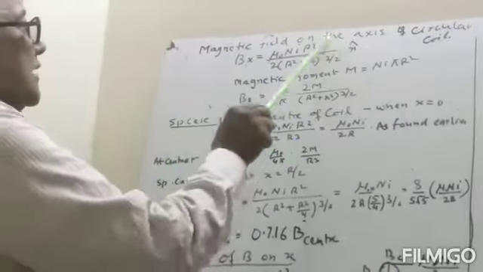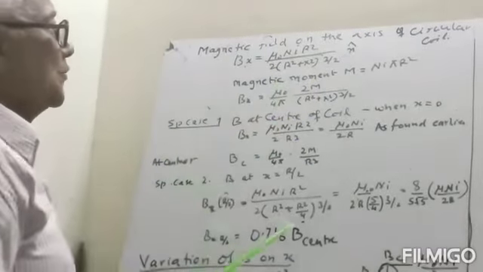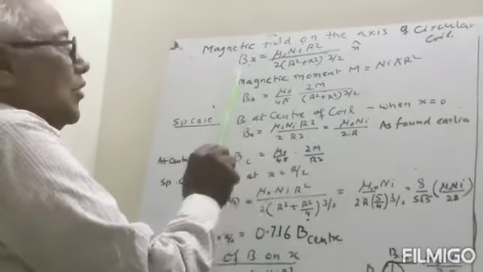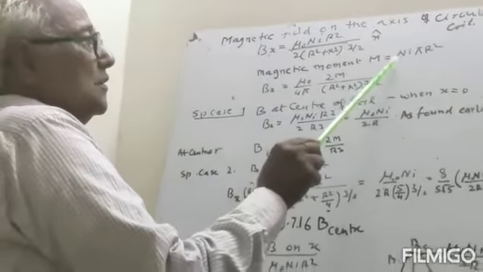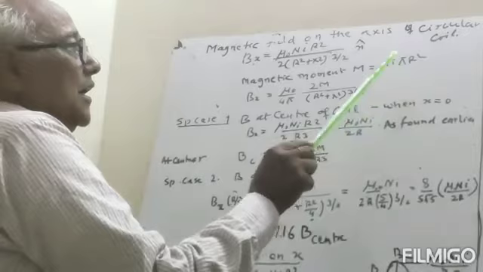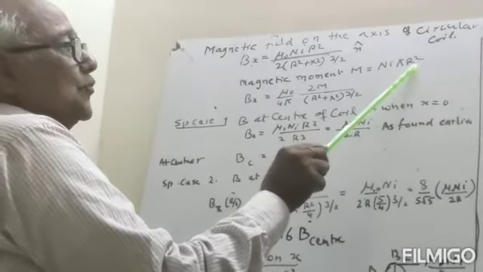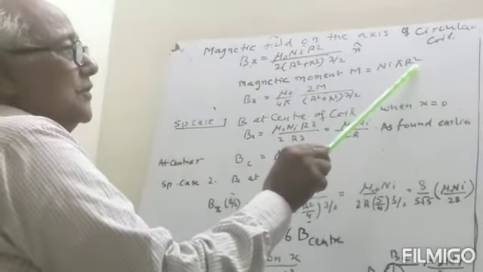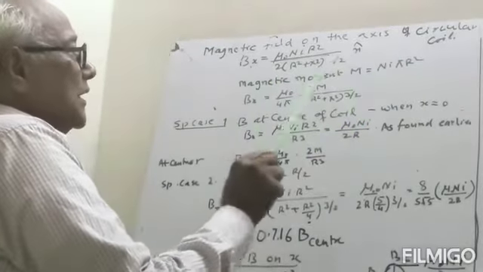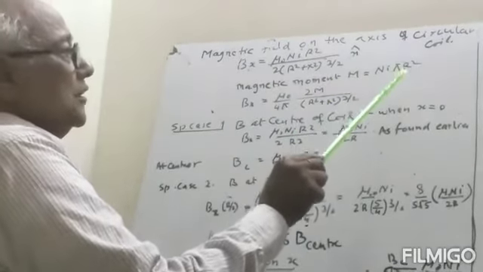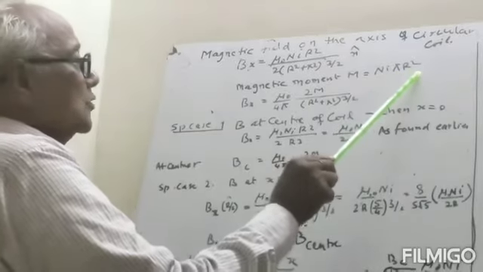Now we can write this relation also in terms of magnetic moment. The magnetic moment of the coil is equal to the total current multiplied by the area. Total current is nI, multiplied by the area of cross section of the coil, which is πr². So the magnetic moment M is equal to nI πr².